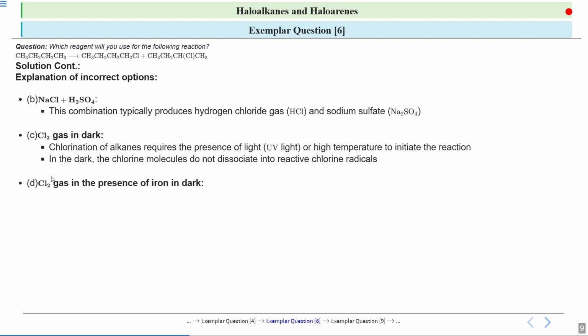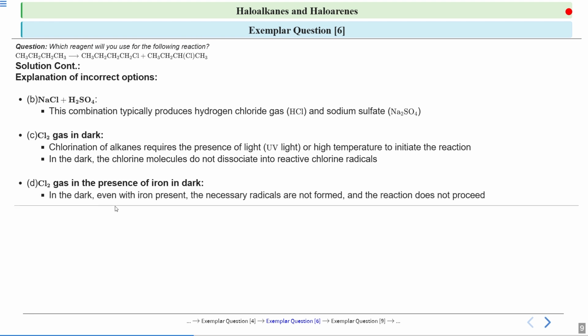The last option, D, was chlorine gas in the presence of iron in the dark. Now we have added one more catalyst: if chlorine gas in the dark is not a suitable reagent, then let's provide one more catalyst, that is iron. But still this is not a suitable reagent for the conversion of butane to 1-chlorobutane and 2-chlorobutane. Why?